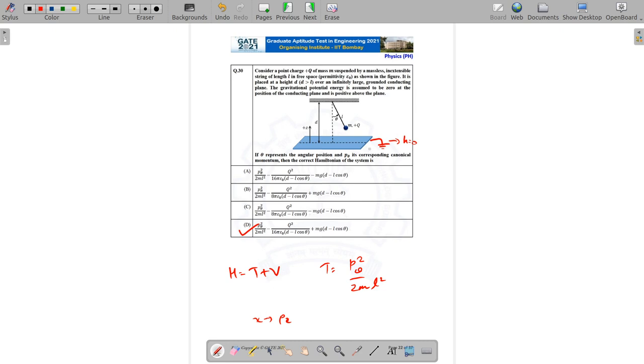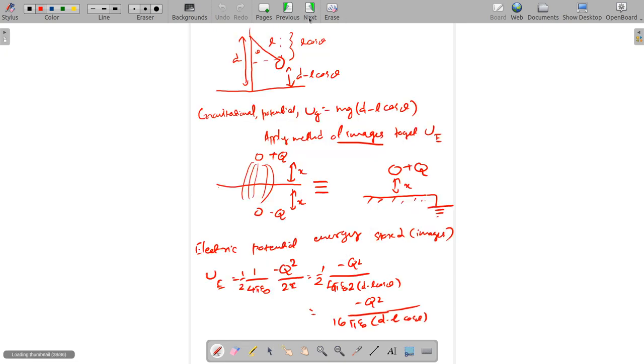Now there is only potential energy you have to deal with. So there are two potential energies. One is gravitational potential, which tries to attract this charge downward. That will be simply mgh. Okay, so actually I have drawn it here. If it is suspended at a distance d and this string has a length L, then this height is given by d minus L cos theta.